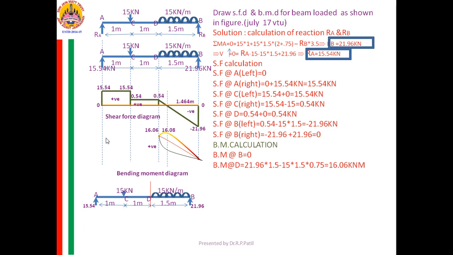Plus 15.54 into 2 minus 15 into 1. Most probably it is 16.08 or something like that. Just check it. 15.54 into 2 minus 15 into 1.